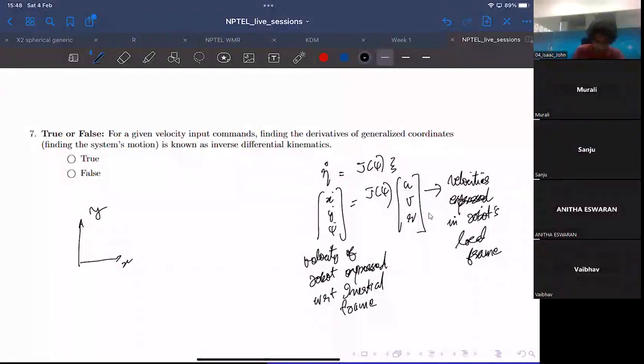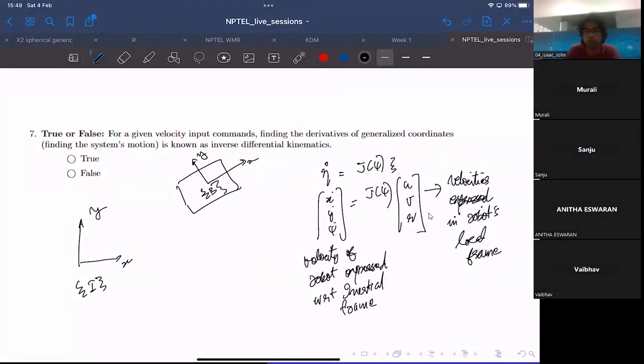So X and Y, let this be the inertial frame. And if you have a robot, you will have a local frame attached to this robot itself. And the Jacobian maps the 2 velocity configurations.